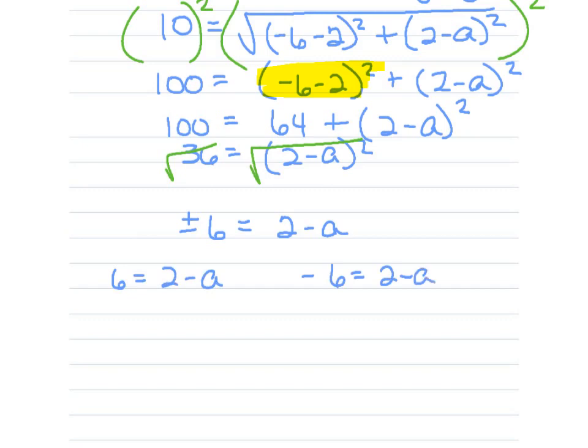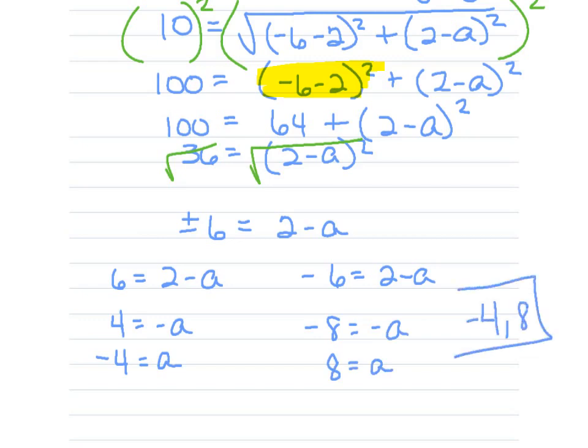As we solve on both sides here, subtracting 2 from both sides, 4 equals -a, which means that -4 equals a. And here, as I subtract 2 from both sides, I have -8 equals -a, which means that +8 equals a. So my two possible values for a are -4 and 8.